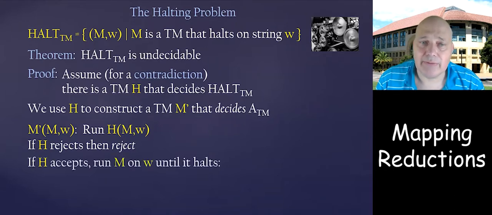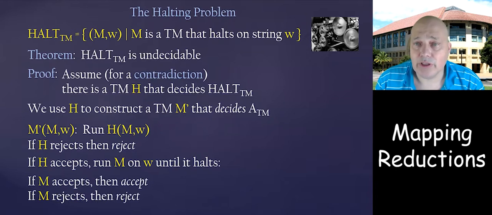If H accepts, then we can safely run M on W because it's going to halt, and when it halts, we can output what M does. If M accepts, we're going to accept. If M rejects, we're going to reject. But this simulation is going to surely halt because M, W is in halting.